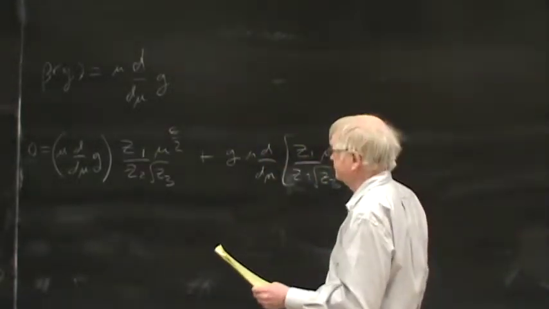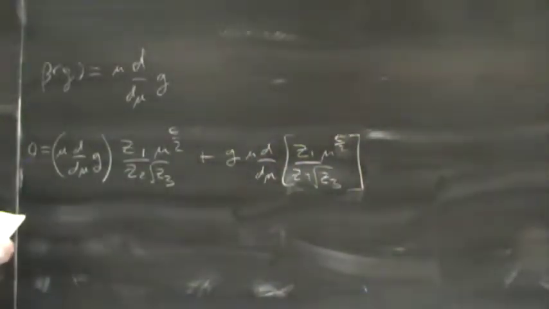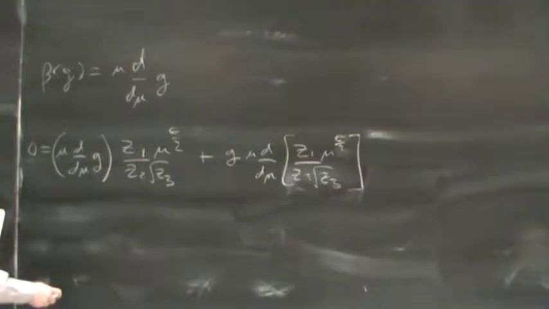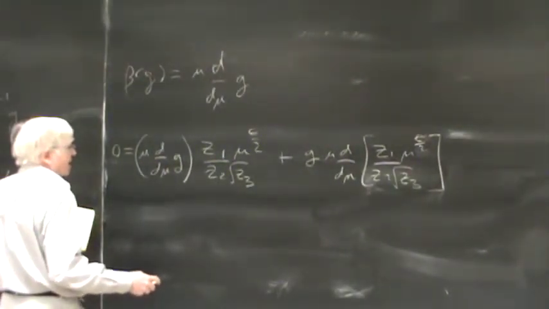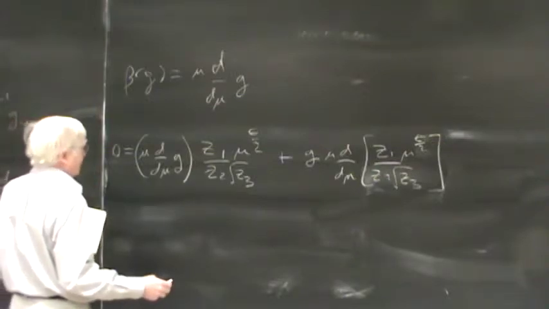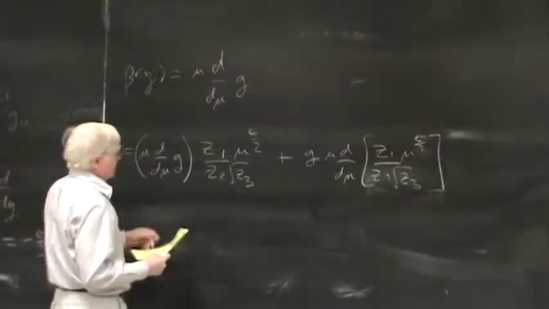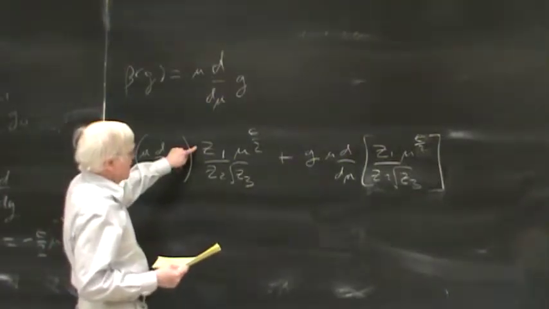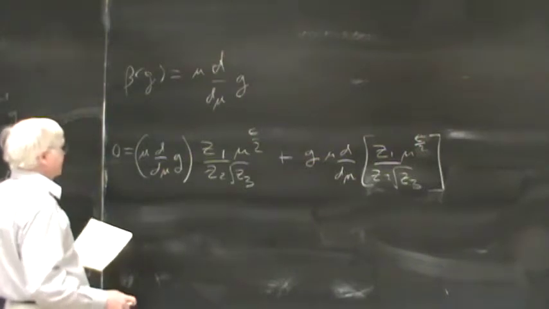Okay. And this is beta of G. So what's going to happen then is we're going to expand everything in terms of, write them as 1 plus deltas and so forth.